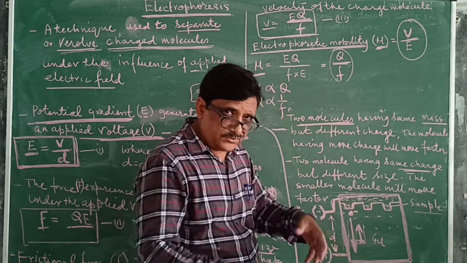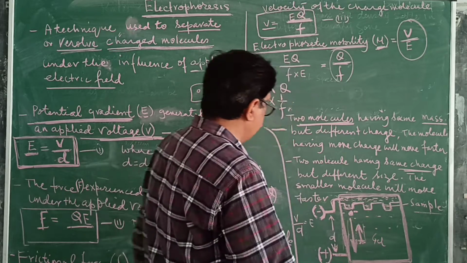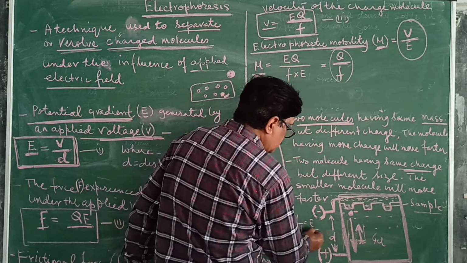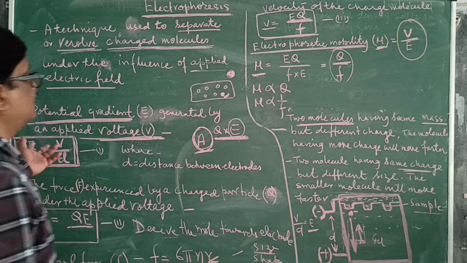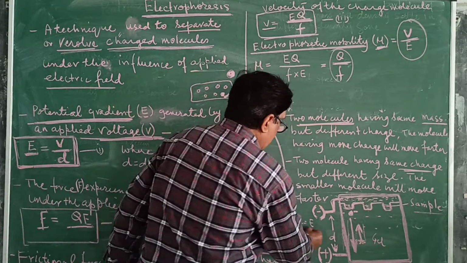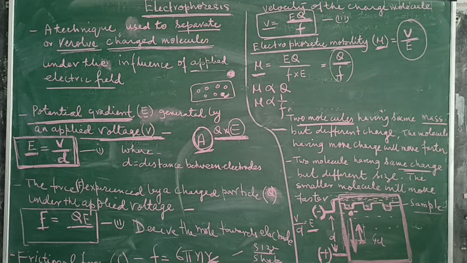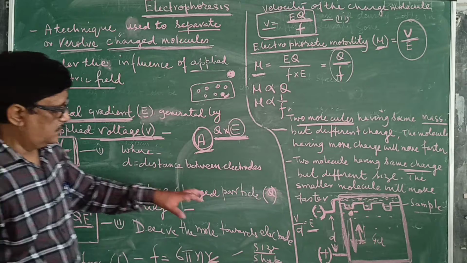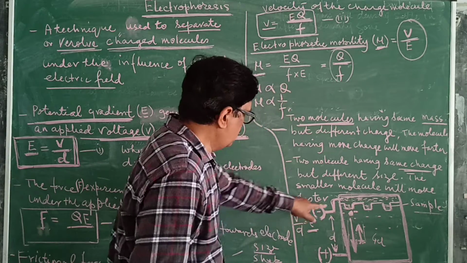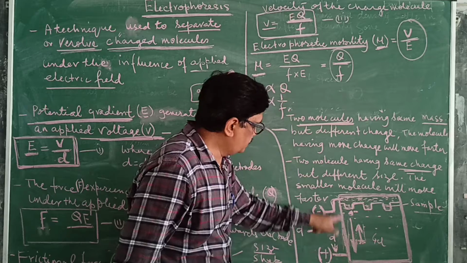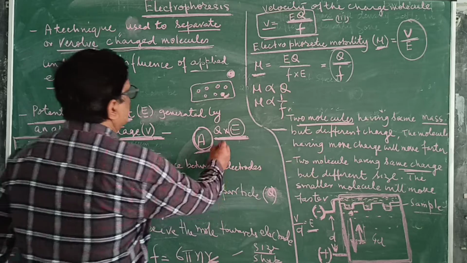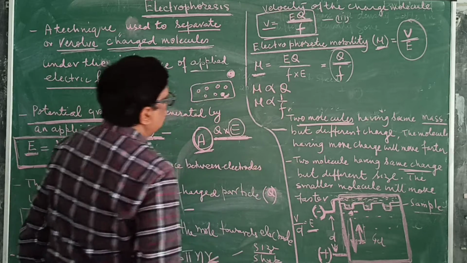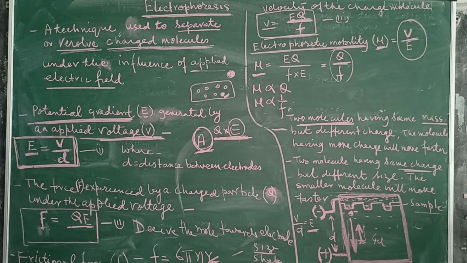The driving force is the electric force generated due to this electrical potential gradient. And what will be the force? The force can be expressed by this formula, where F is the force exerted on that molecule, the driving force towards the oppositely charged electrode. This force equals the charge multiplied by the potential gradient.